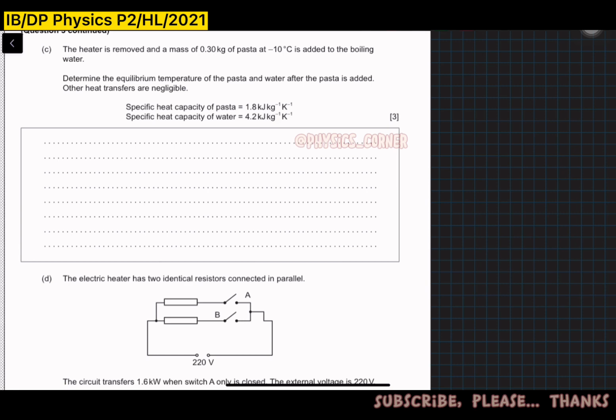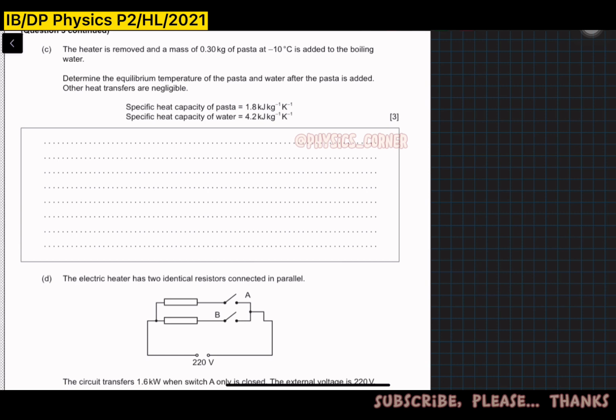Determine the equilibrium temperature of the pasta and water after the pasta is added. Heat transfer to the surroundings is negligible. We provide specific heat capacity of pasta is 1.8 kilojoule per kilogram per Kelvin, and specific heat capacity of water is 4.2 kilojoule per kilogram per Kelvin.